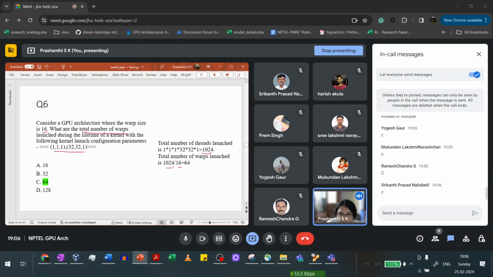So the total number of warps you launch for this kernel is 1024 divided by 16, which is 64, or option C. Any other doubts in this question? I'm guessing this is fairly straightforward. We'll move to the next one then.